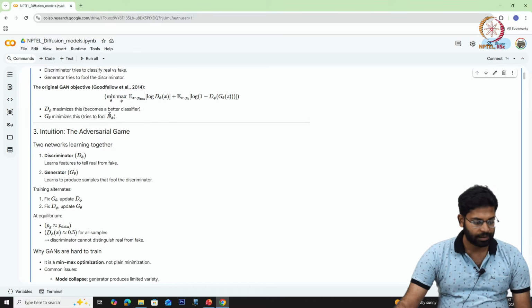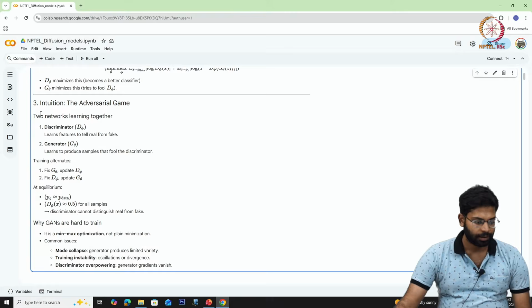So D phi maximizes this, it becomes a classifier. D phi should be maximized, and at the same time G theta minimizes this, trying to fool the discriminator.